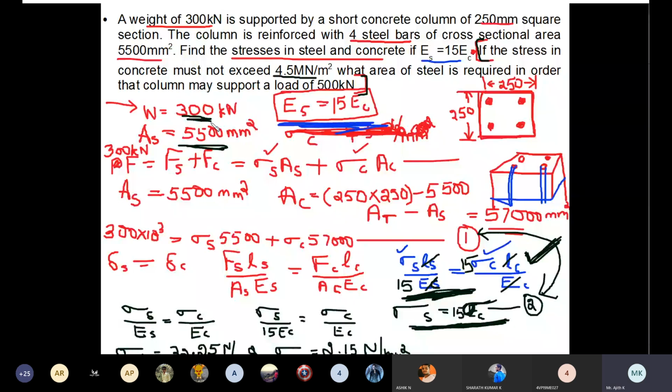You have to find out the area of steel in order to withstand a load of 500 kilonewton, when the stress in concrete is 4.5 Newton per mm square. This is the second sub question.